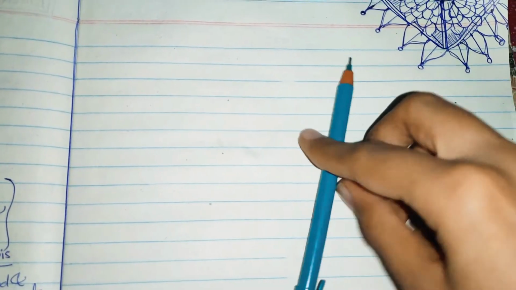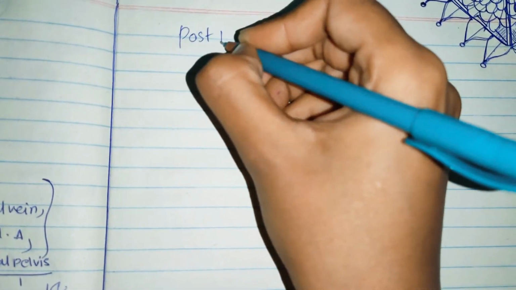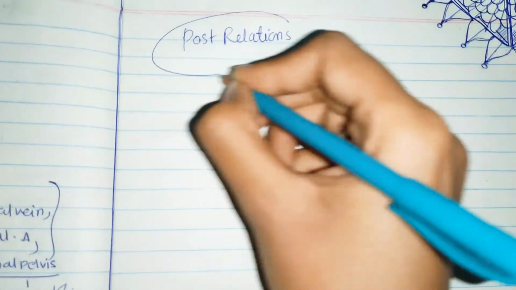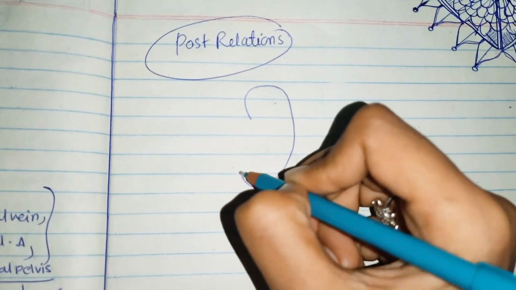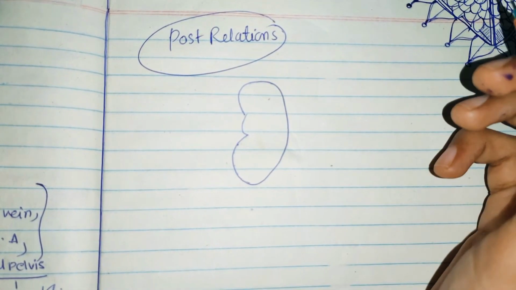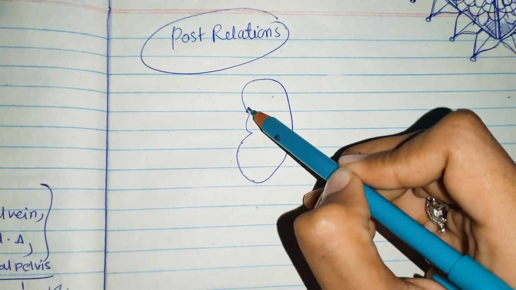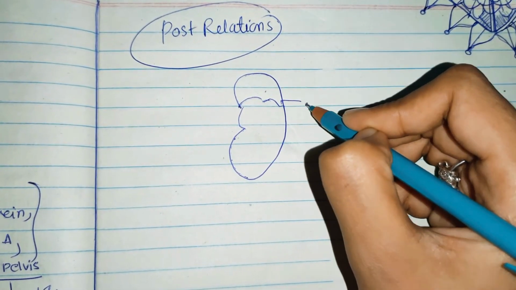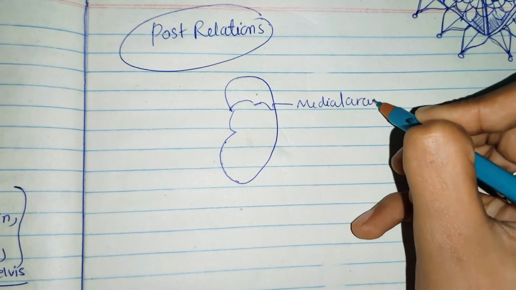Now let us discuss the posterior relations of kidney. Okay, so in the posterior relations you have, so let me draw the diagram. Okay, so in the posterior relations first you should draw here one ligament. This is the medial arcuate ligament.